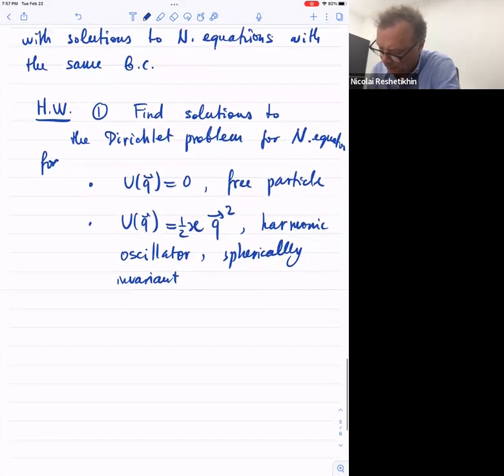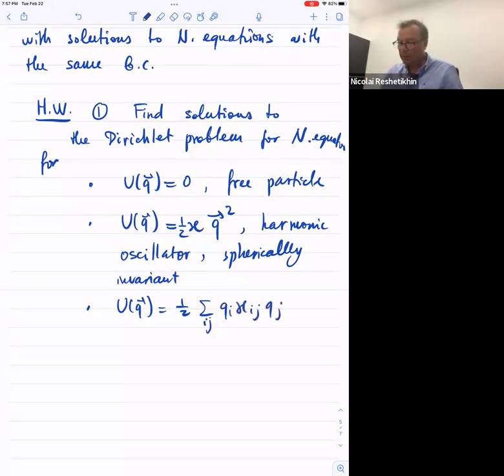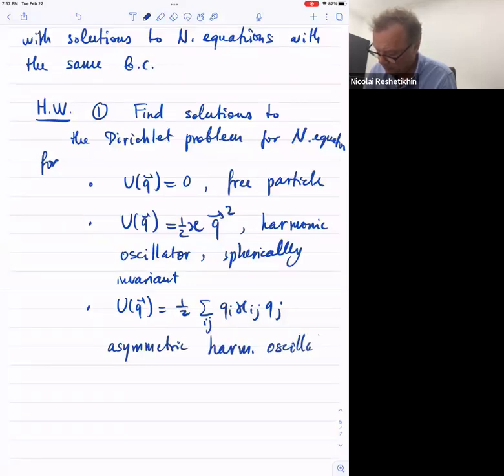And finally, the potential with kappa ij q i q j, where kappa is some symmetric 3x3 matrix. So this is the asymmetric harmonic oscillator.